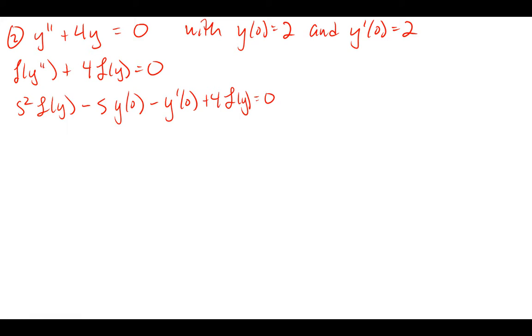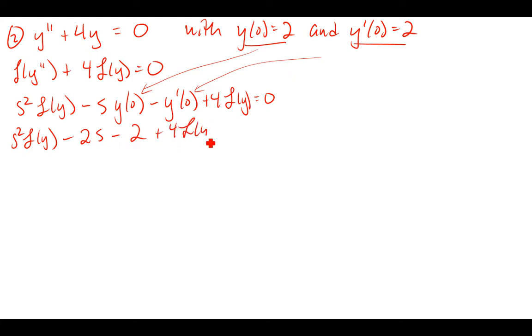Of course y of 0 is 2 and y prime of 0 is 2, so those are going to fill in here and here. So I have s squared Laplace of y minus 2s minus 2 plus 4 Laplace of y equals 0.